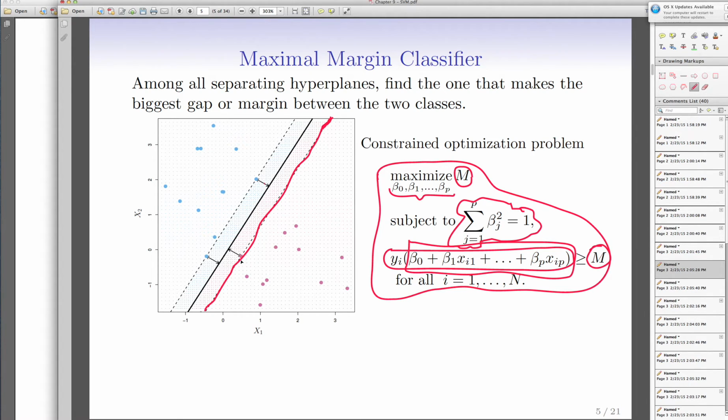Because we have one observation right on the line. So the maximum of this M we can find is this black affine line, and M shall be more than 0.